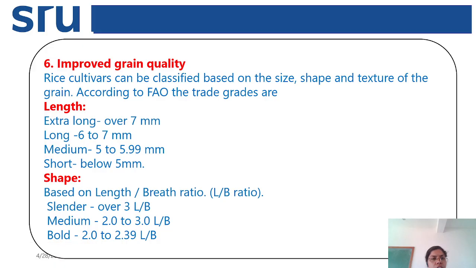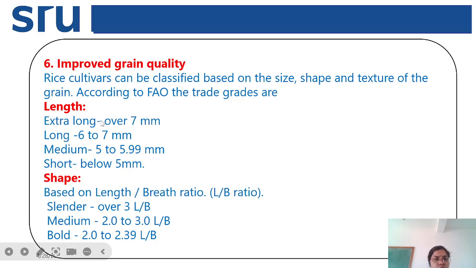If the grain is between 6 to 7 mm length, it is called long grain type. If the grain length is 5 to 5.99 mm, it is considered medium type. And if the grain length is below 5 mm, it is called short grain. So based on the length, they are classified into four types: extra long, long, medium, and short.